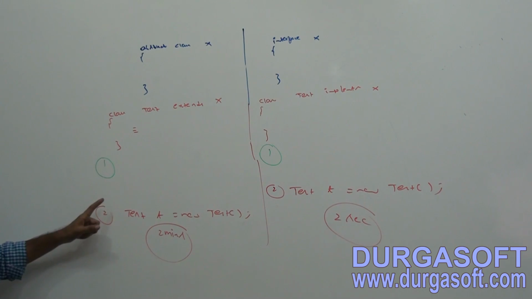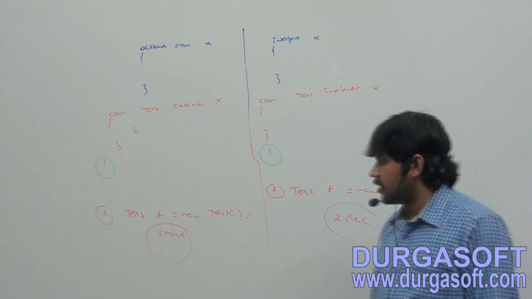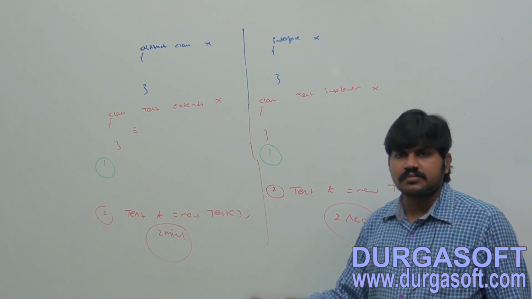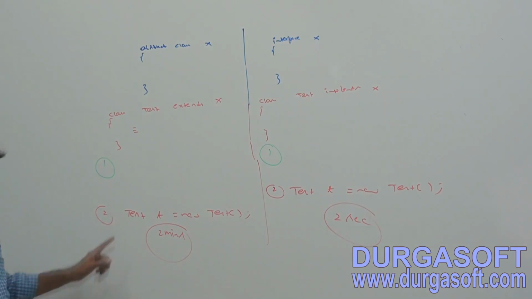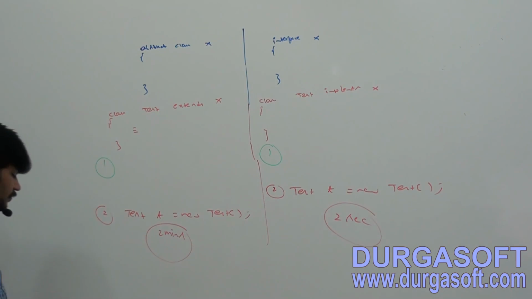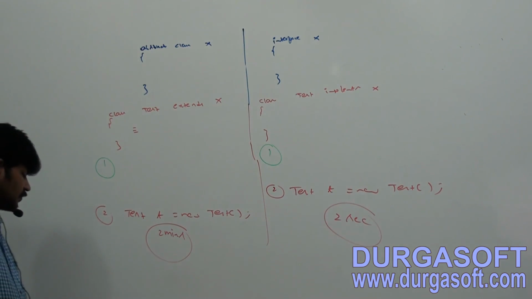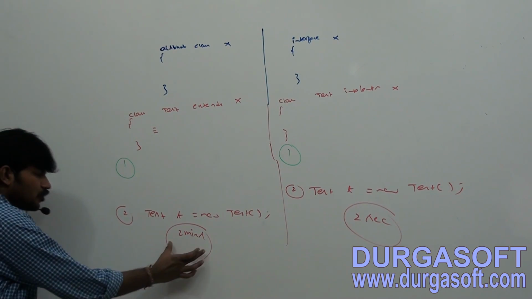In this case, object creation is costly. Example: Tester t = new Tester, just 2 minutes.